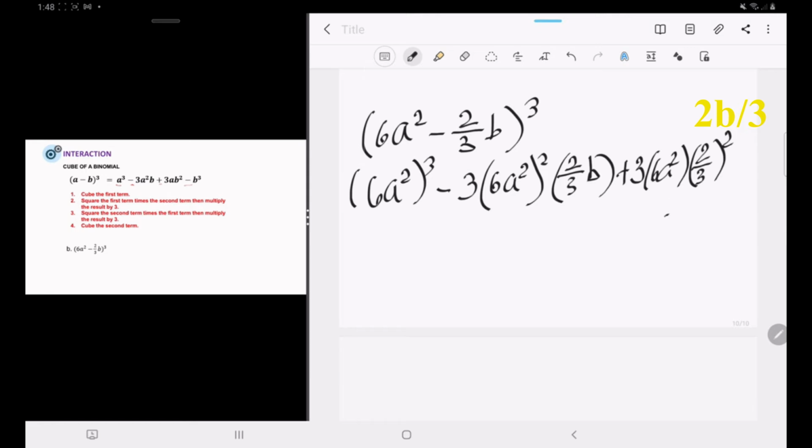Then the last term is minus the cube of the second term of the binomial. So we have 2 over 3b cubed.